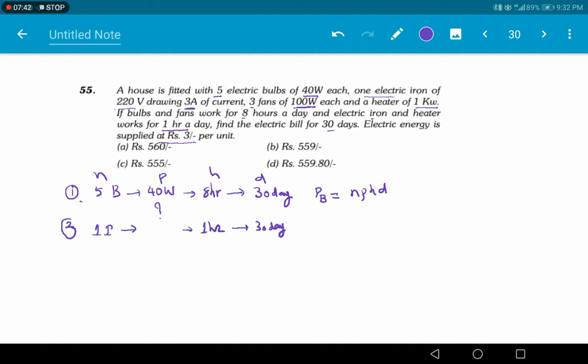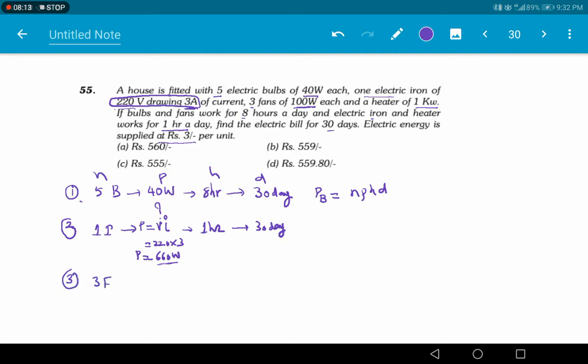Indirectly they have given V into I. 220 into 3, so 660 watt is the power. So this is the difference compared to other problems. By using voltage and current, we can get the wattage or power consumed by the device, and the rest will be the same.